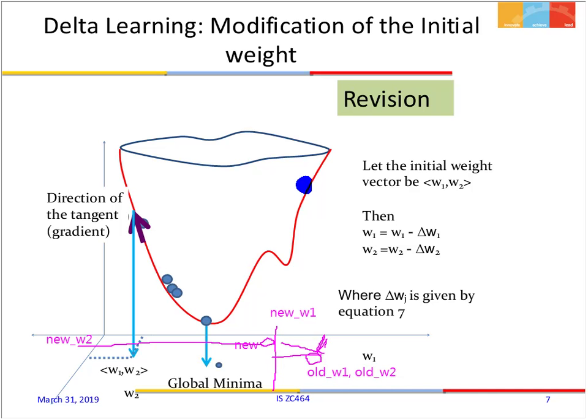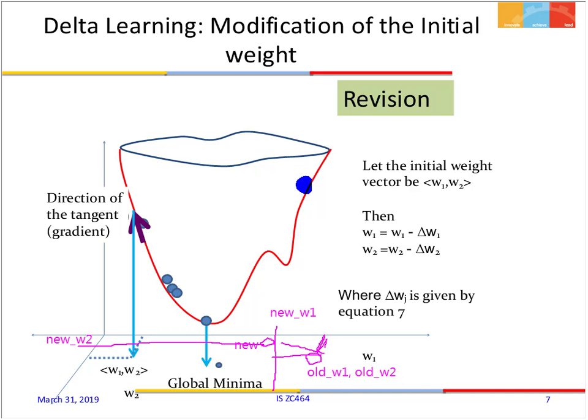Fine. So what I mean to say here is that when you are moving downwards, it is not just along one axis of W1 or not just along the other axis of W2. It is a kind of diagonal movement sometimes. Right. So if it is a diagonal movement, that means you would have taken some step towards the direction of W1 and some step size towards the direction of W2.